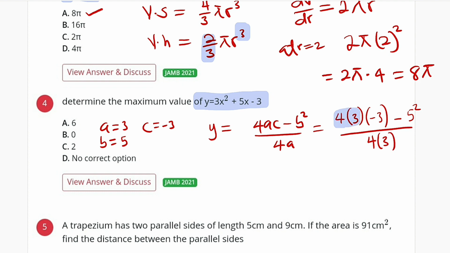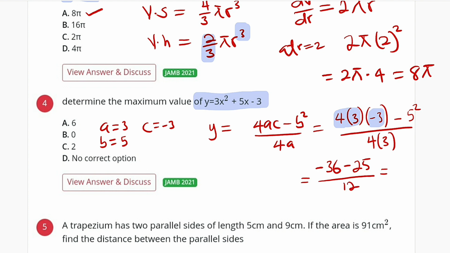4 times 3 is 12, and 12 times negative 3 is negative 36. So we have negative 36. Then minus 5 squared, which is 25, divided by 4 times 3, which is 12.